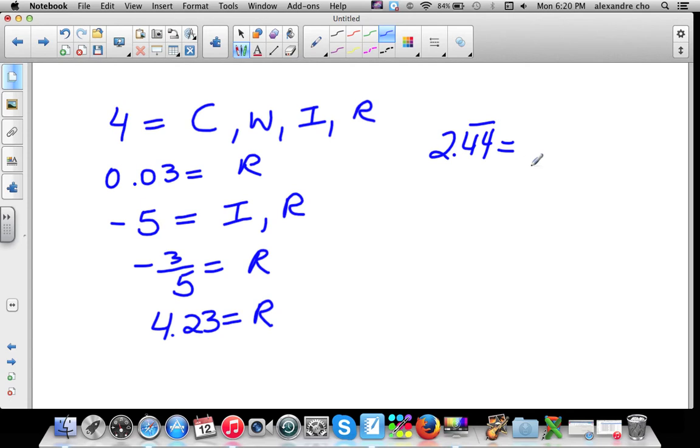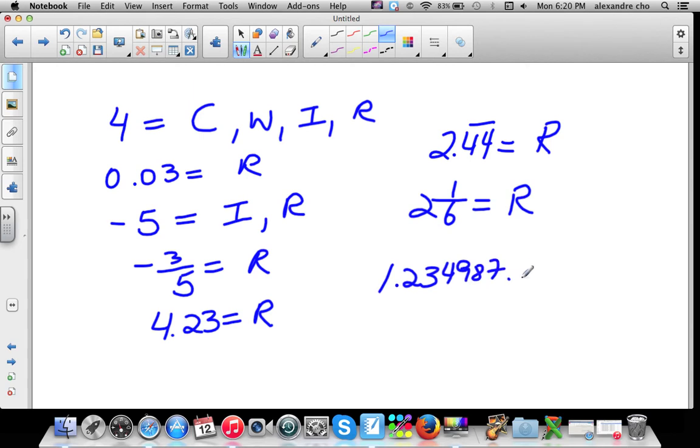I should have done 44, but the 4 repeats forever and ever. So if it's a decimal that repeats and goes on forever, it's also rational. 2 and 1/6. Okay, if it's a fraction, it's rational. And the last decimal, I'm not even going to write it out. It's 1.234987, and you can tell that it goes on forever. And it does not repeat. Okay, a decimal that does not repeat and goes on forever is irrational. Clear?